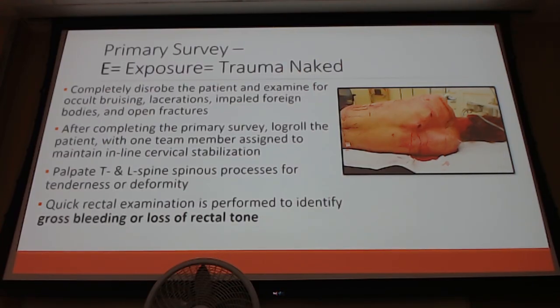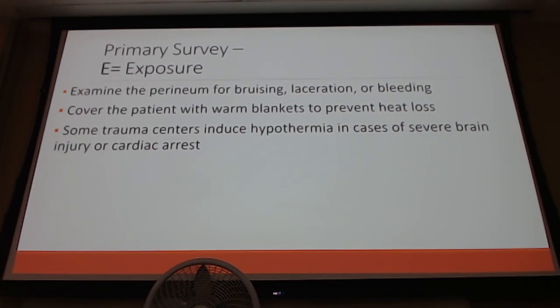And then we do a quick rectal exam, checking for gross bleeding and rectal tone. We're checking, like I said, same with axillary, we're checking the perineum as well. We're making sure we don't have any sort of exit wounds there, any GSWs in that area.